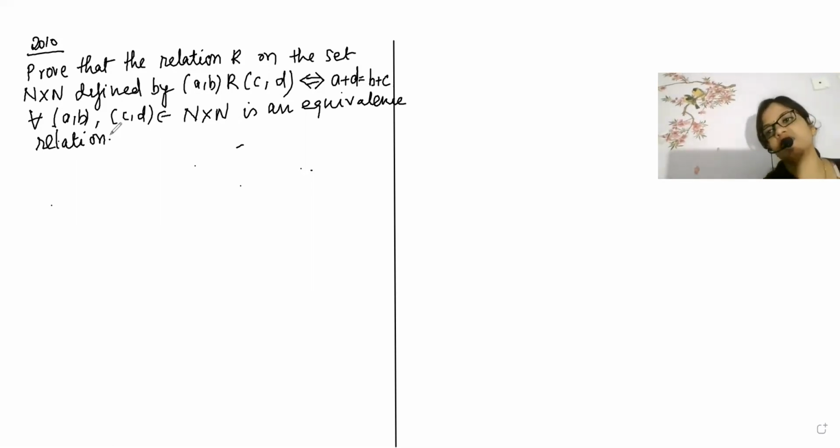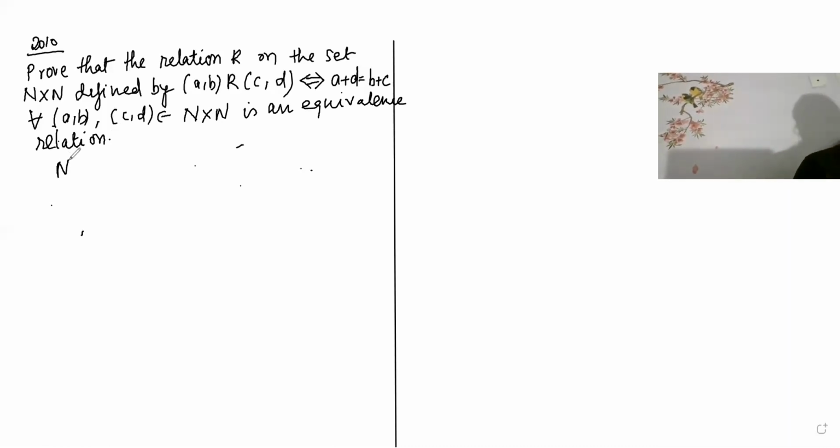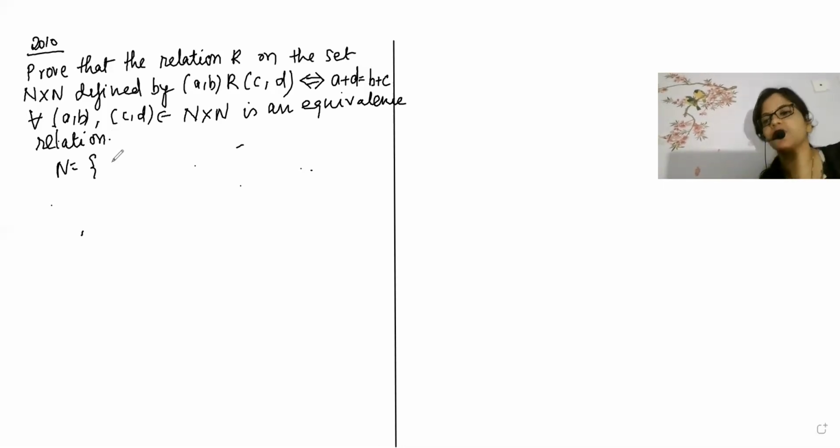First you have to understand why N cross N has been written. It is a very important part. Imagine the elements of N are 1, 2, 3, 4. We don't know, N can be the set of natural numbers.